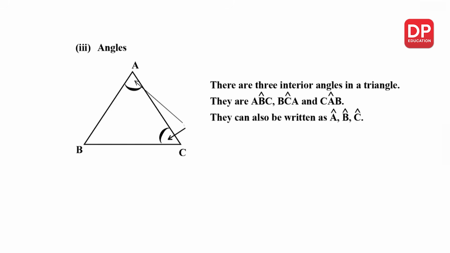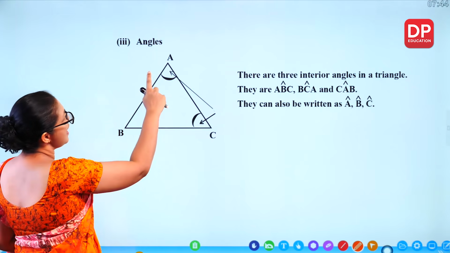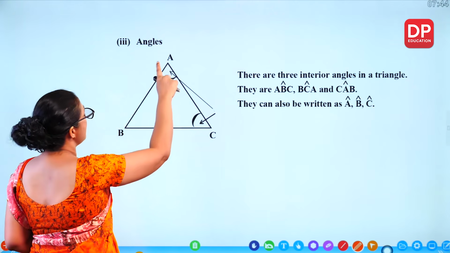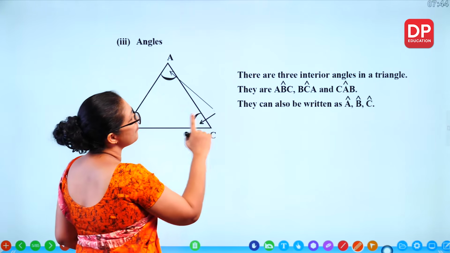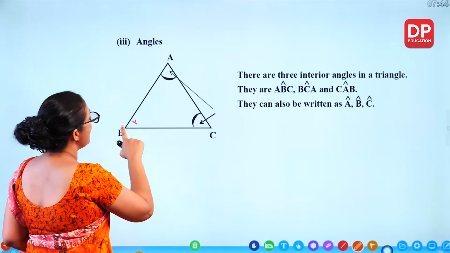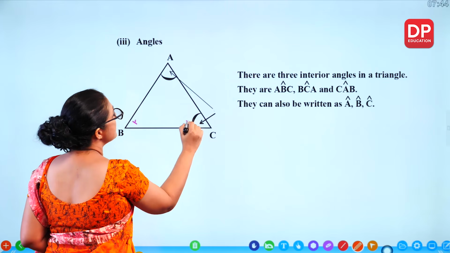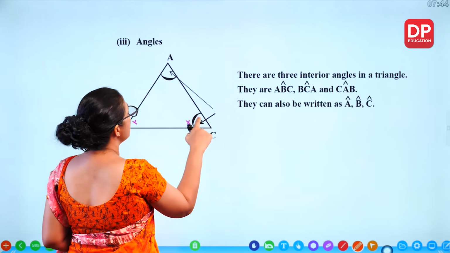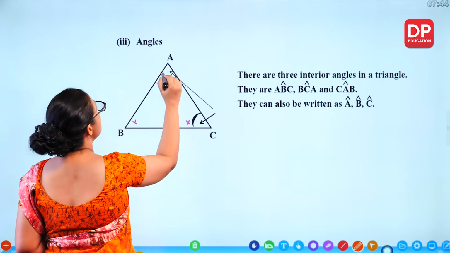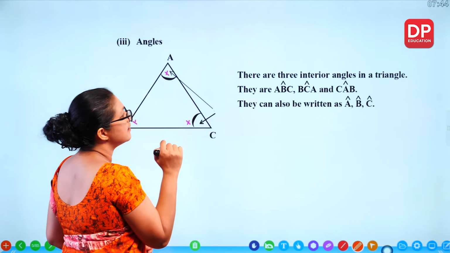Angles. There are 3 interior angles in a triangle. What are they? ABC, ABC means this angle. BCA, BCA is this angle. And CAB, CAB is this angle.